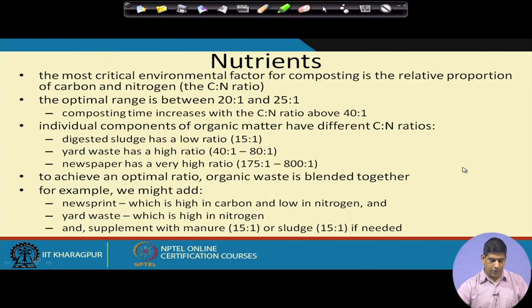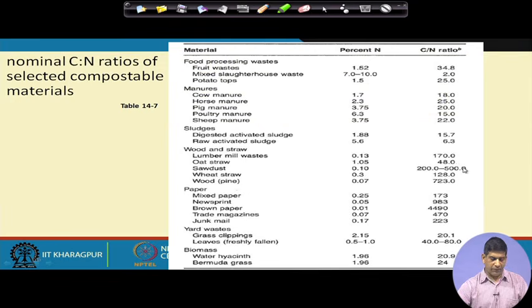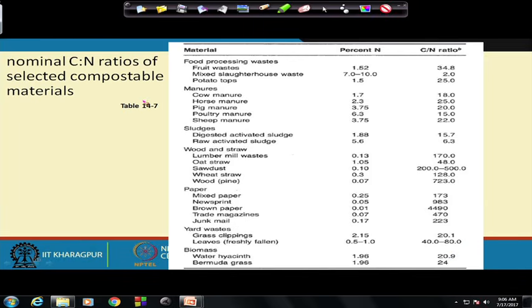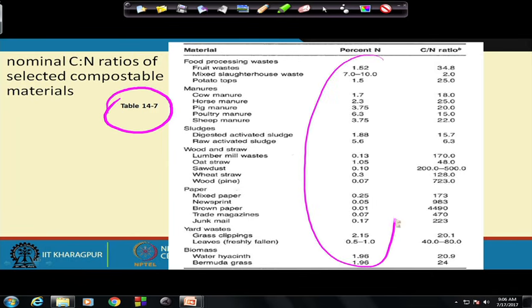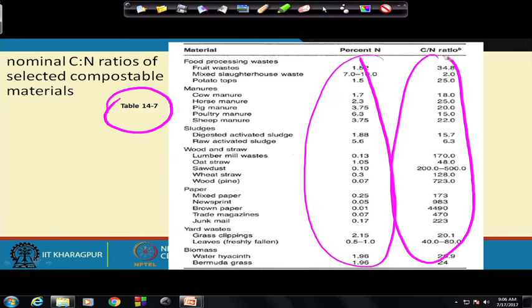Next is the carbon nitrogen ratio of selected compostable materials. Again, this table is coming from the same book that we mentioned yesterday, in the earlier videos, the Tchobanoglous integrated waste management book, a very old book, but it has a lot of information, and these numbers do not change that much anyway. So for food processing waste, manure, sludge, wood, straw, paper, yard waste, biomass, this is the percentage nitrogen, and this is the C:N ratio given to us.